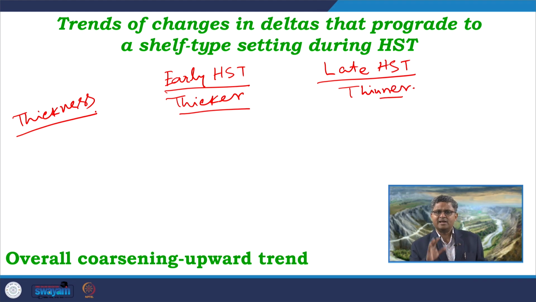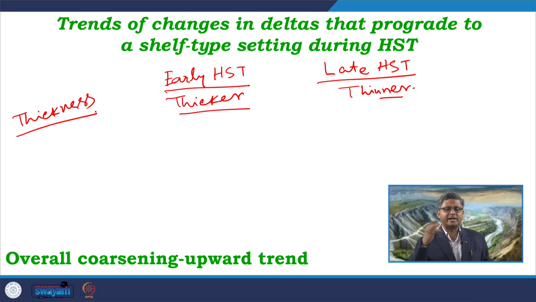Because gradually the available accommodation is decreasing, as well as the slope gradient of the river profile, resulting in lower energy conditions, and that will reduce the supply of coarser fractions into the channel system and the delta system.